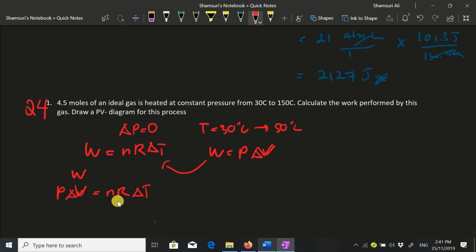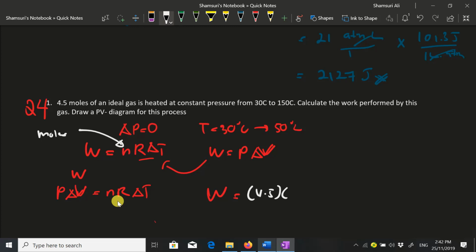And then we need to have the work. So we already have this formula, so work is equal to n, the moles, R is constant, delta T. The moles is 4.5.